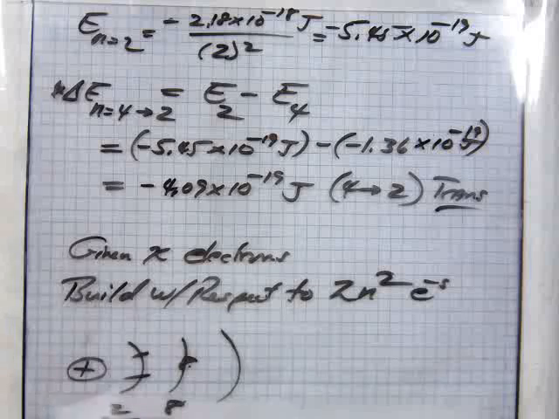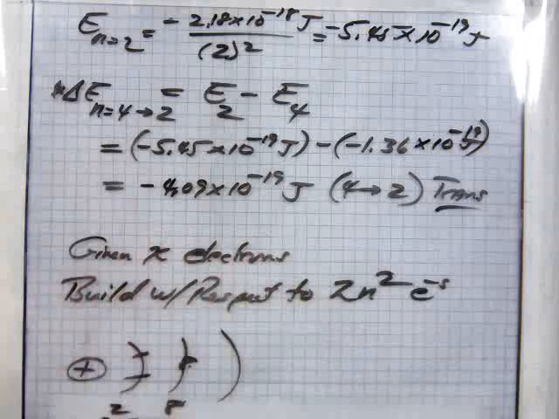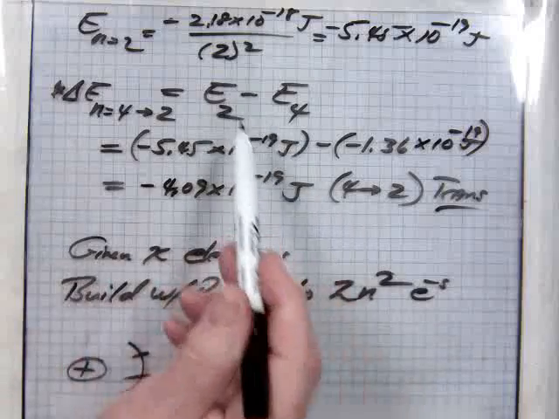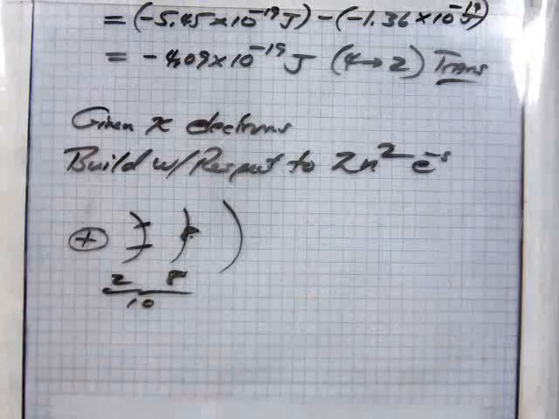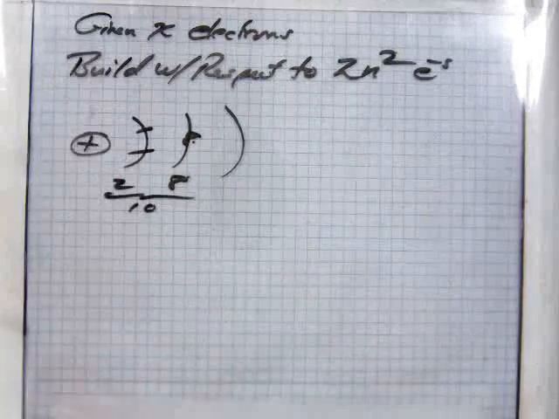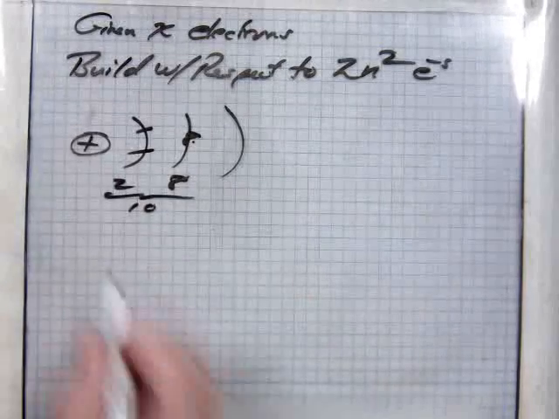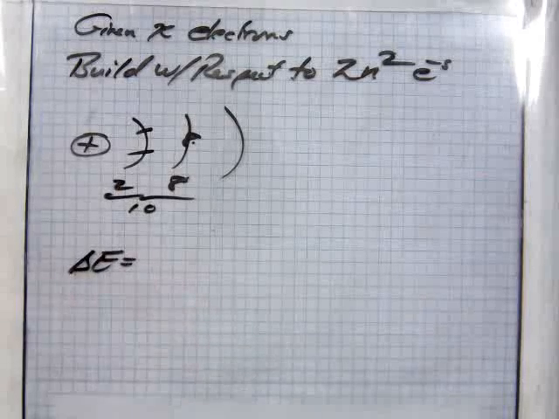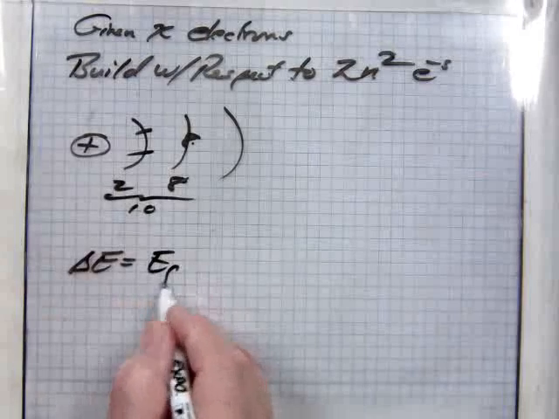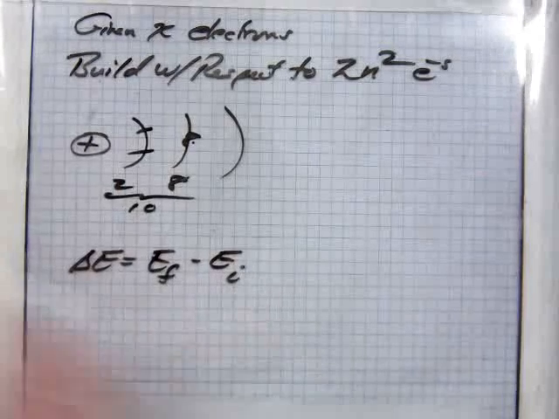Now, in this differential of potential energies, there are 2 equations you have to deal with. One is the energy equation. All I did was take delta E as E final minus E initial. Everybody understands that, I hope.